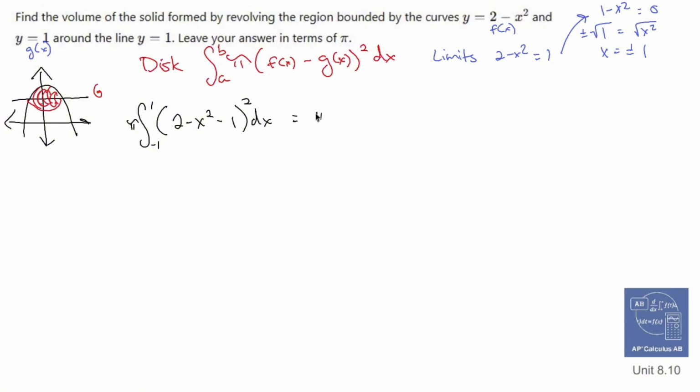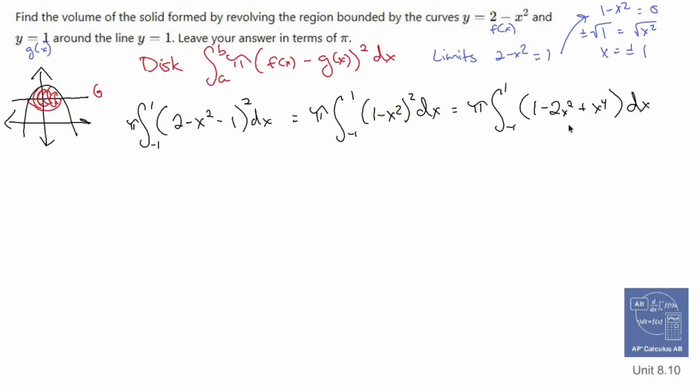That becomes pi times the integral from negative 1 to 1 of (1 minus x squared) squared dx, which before we even integrate can be changed even further by squaring that whole parentheses, which is a perfect square trinomial. So 1 minus 2x squared plus regular x to the fourth, close it, dx it.